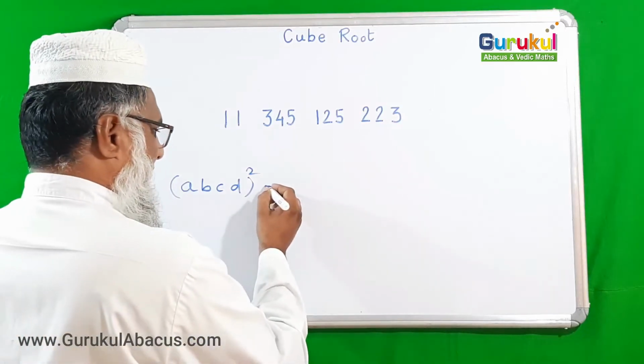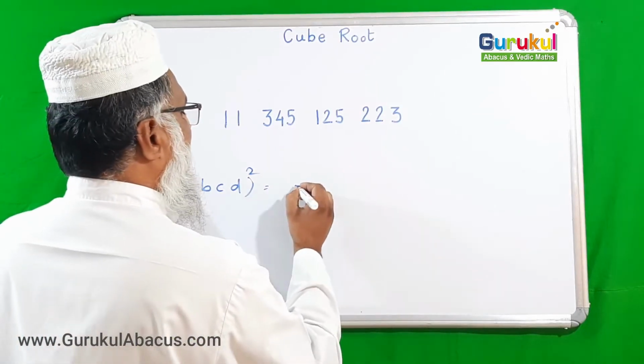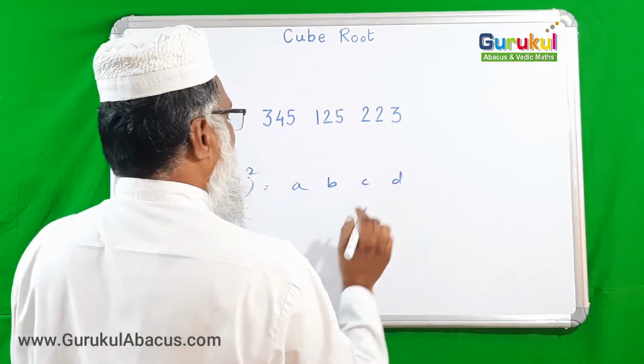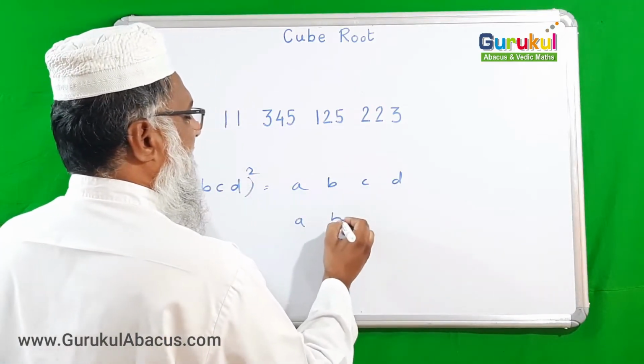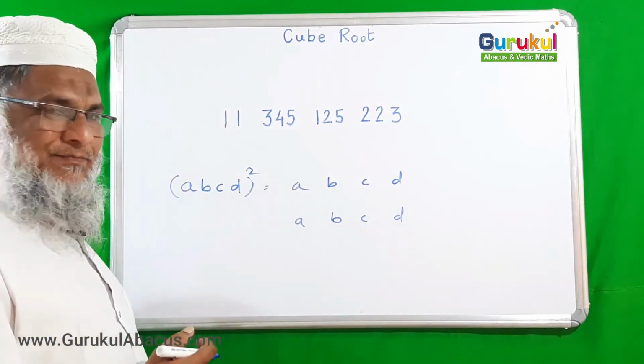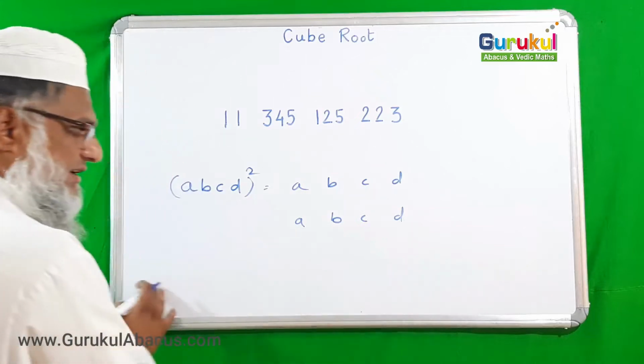So in the expansion mode I am going to write a, b, c, d, and again a, b, c, d. Now I want to multiply crosswise. I will not find all the 7 terms.